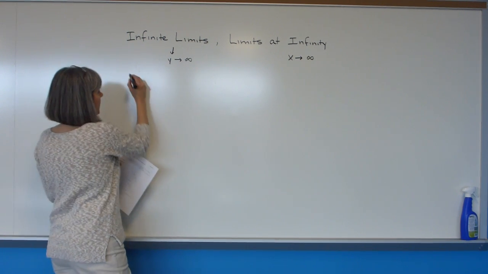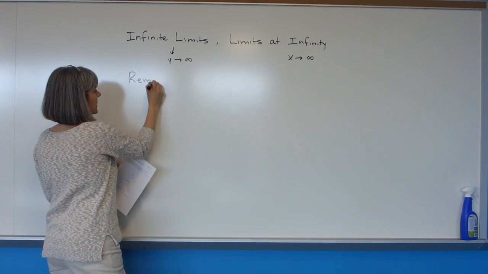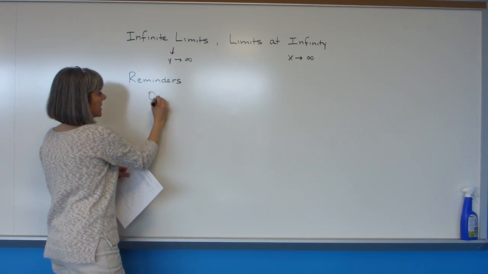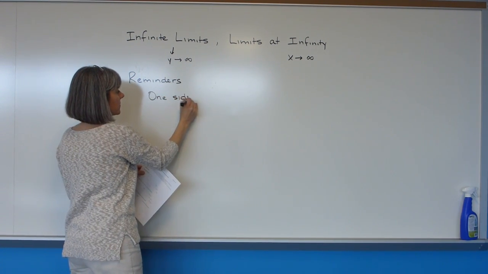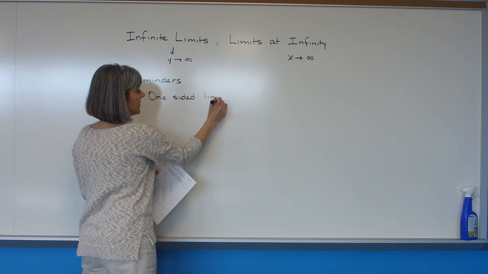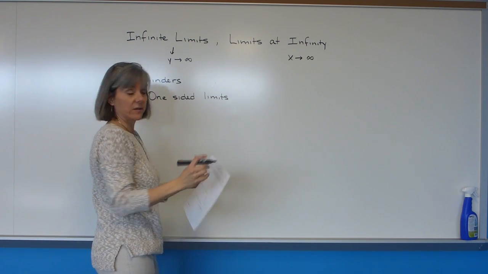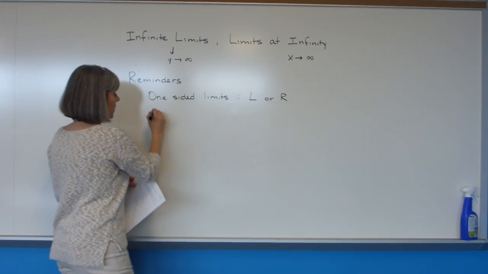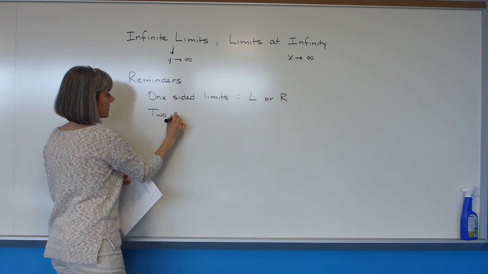Okay, so just a few reminders to get us started. We have one-sided limits. Those are limits from the left or from the right. And then we also have two-sided limits.